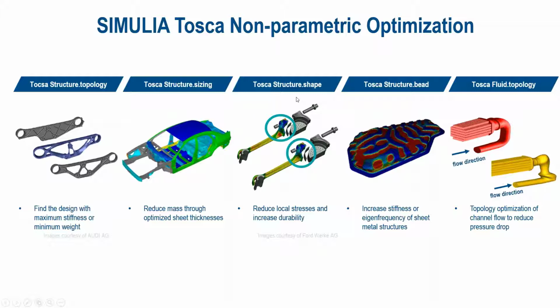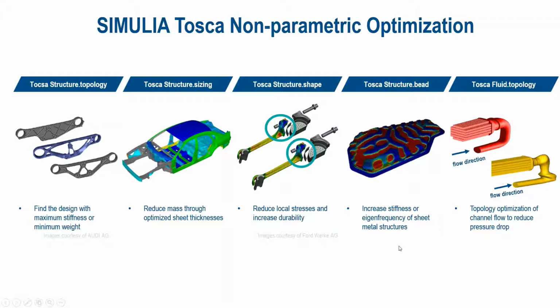Shape optimization is usually accompanied or followed by topology optimization. That is, first the topology optimization provides a geometry, and this could be further refined by shape optimization, where we fine tweak the fillets and radius primarily for the purpose of increasing the durability or reducing the fatigue stress.